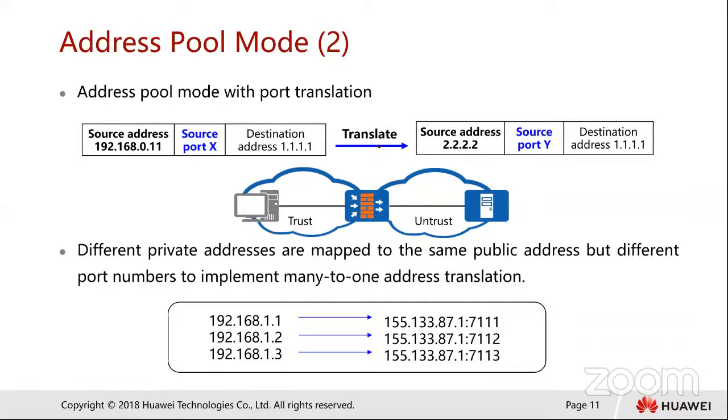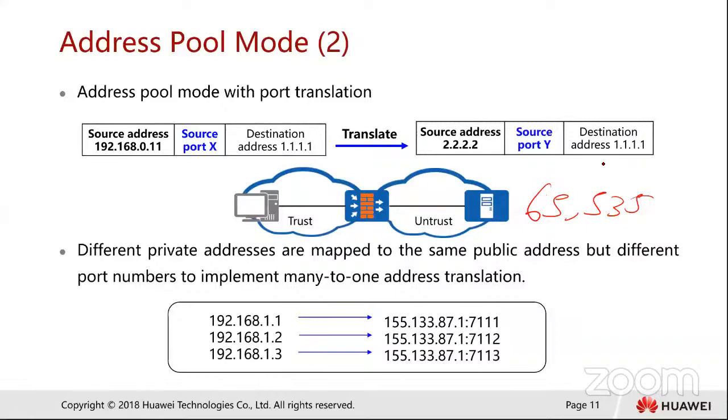This technology uses layer 4 information to extend the layer 3 addressing, and theoretically you can have about 65,535 private addresses using the same public IP address to access the internet.